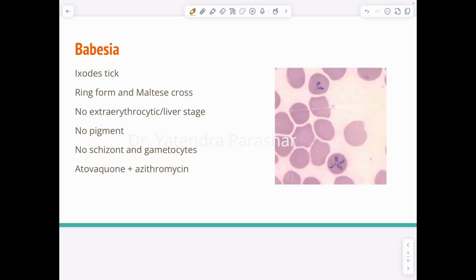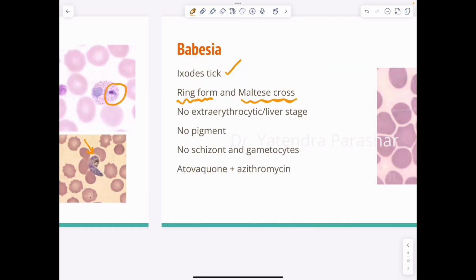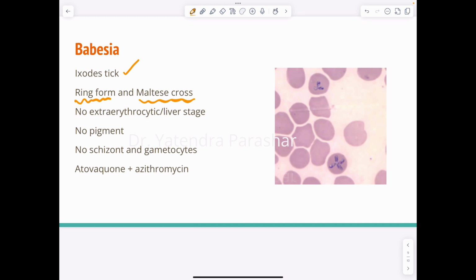Sometimes parasites like Babesia, which is transmitted by the Ixodes tick bite, can be seen in the ring form or Maltese cross form. Ring forms can be single or multiple in a single red blood cell, and they do not have any pigment.